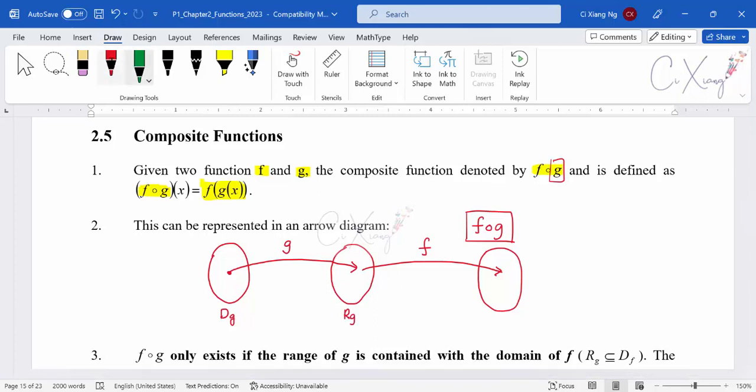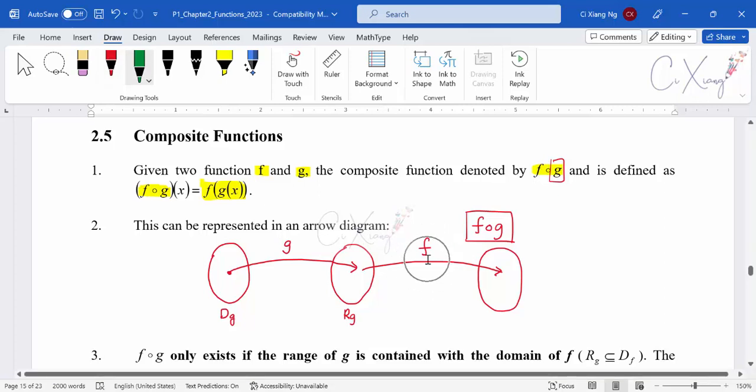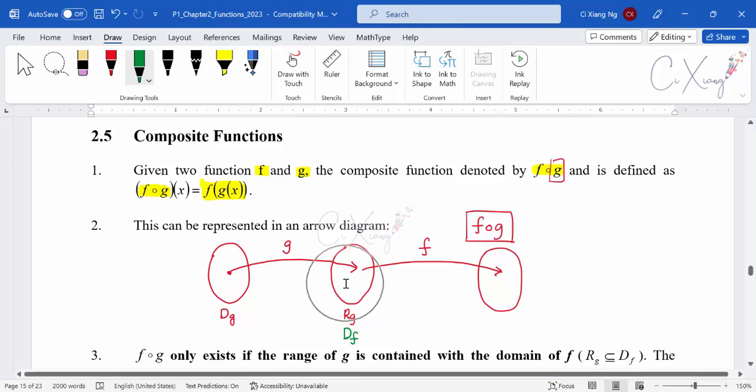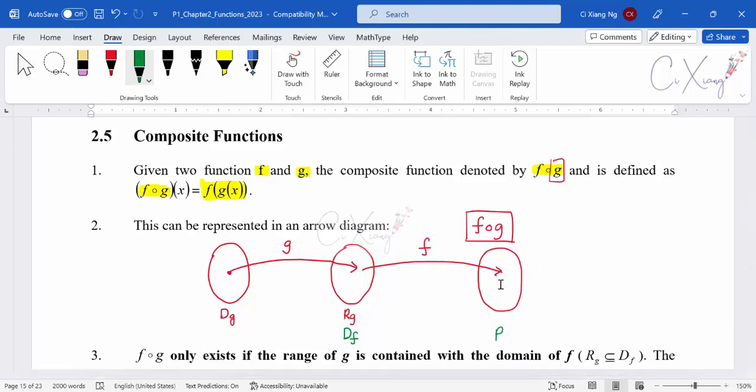Now if we observe function f, this particular set of values is the domain of f. When we send this set into the last set of values, the range or the image, then if you only look at the function f, this is the range of f.